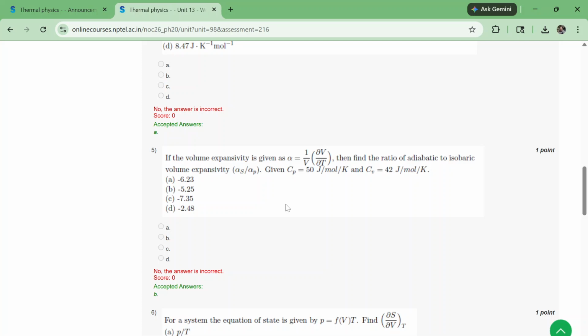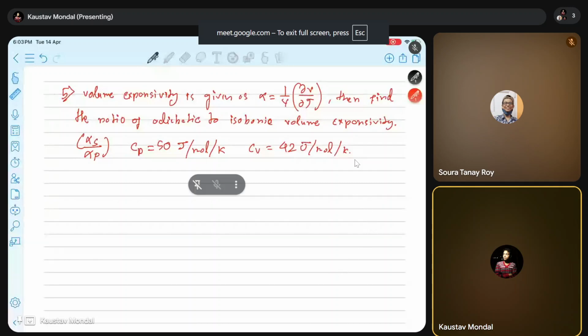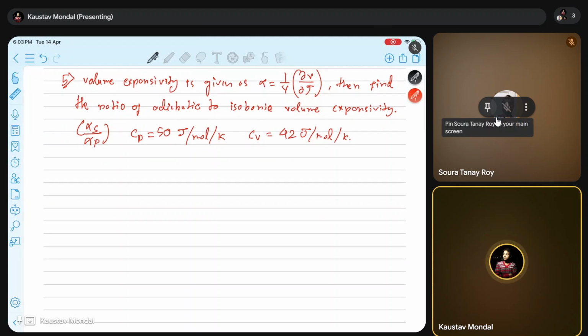Okay, so to start this problem, first write the expression of alpha.